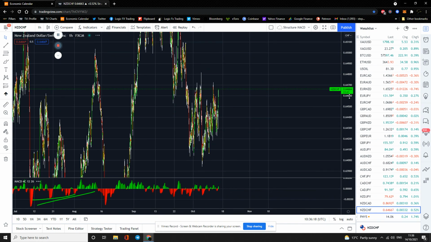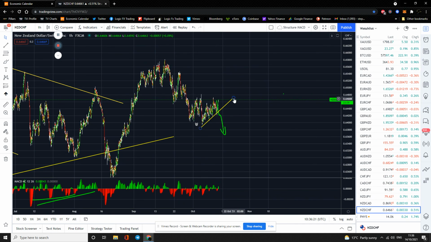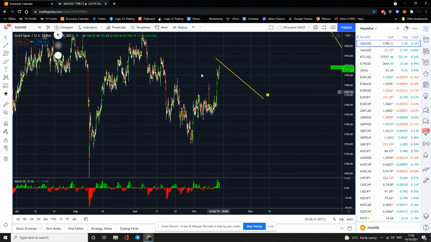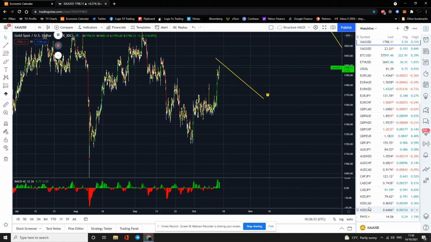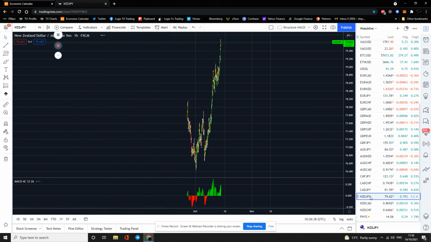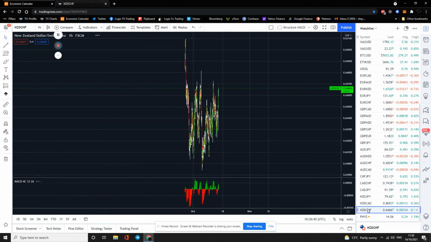And then New Zealand Swiss. I was looking for this to drop. I'm surprised that it's pulled back, because the gold price has pushed up and it's pushing on up a little bit more there. So that's quite surprising. There's been a strong move in the New Zealand over the night, guys.